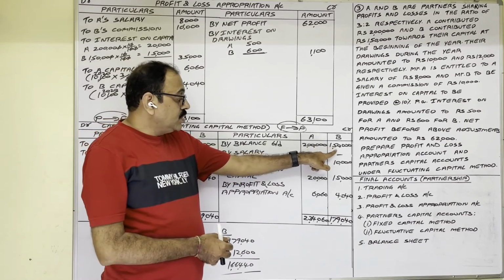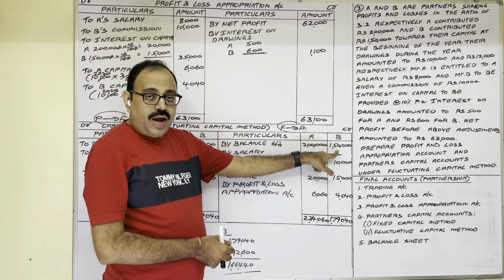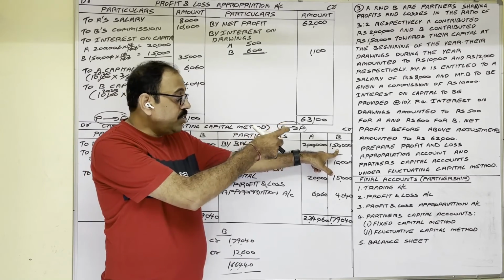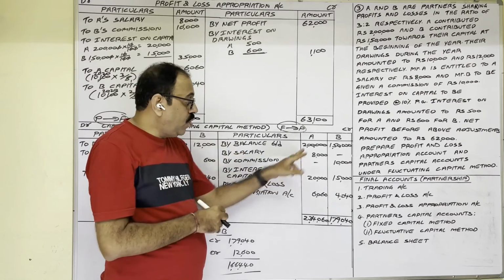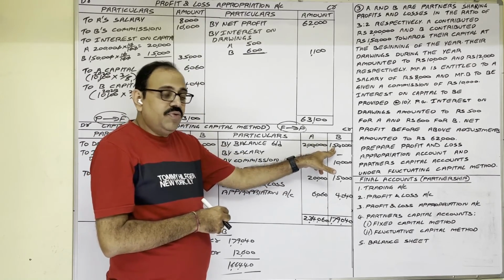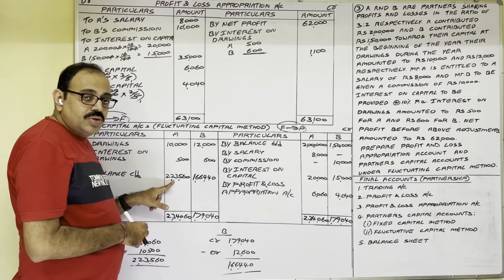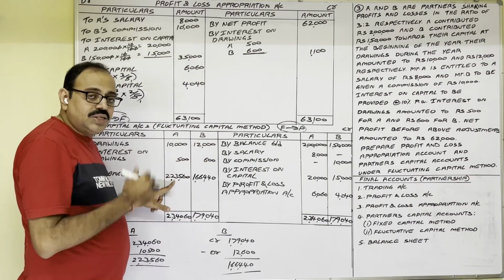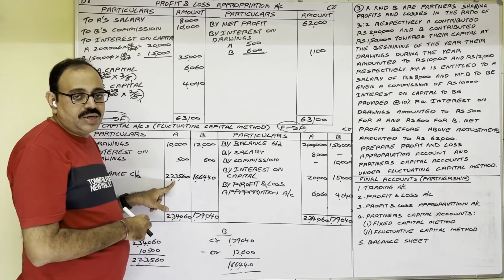Opening capital amounts are 2 lakh rupees and 1,50,000 rupees. And all adjustments we have shown in this account only. Adjustments we have done to the opening capitals. Therefore, closing capital amounts are not the same. So fluctuated, changed. That is why this method is known as the fluctuating capital method.